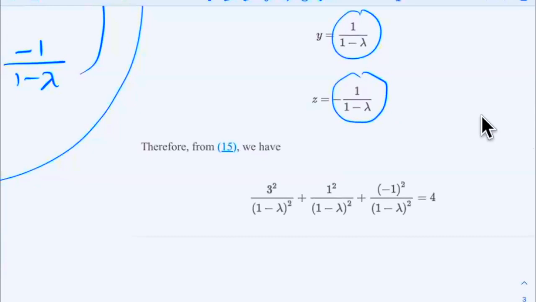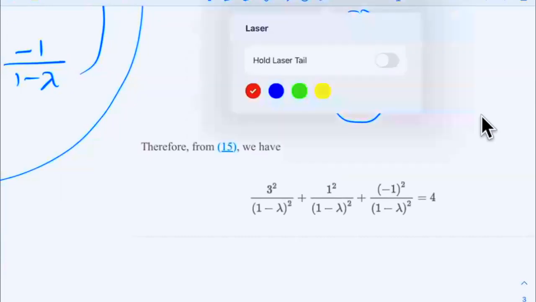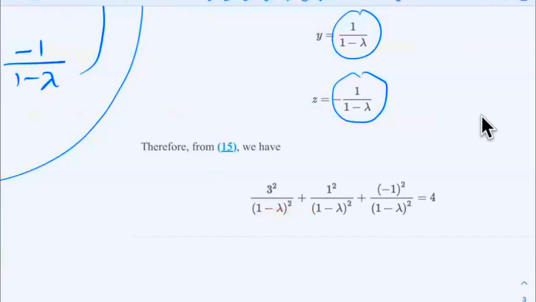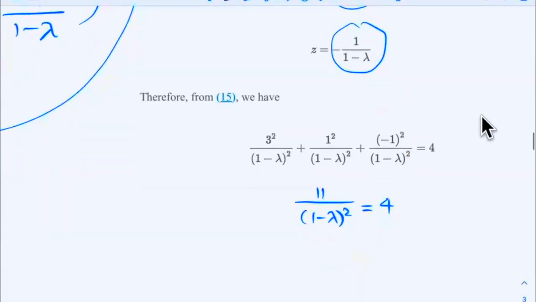Looks like all of them have the same denominator, 1 minus lambda squared, right? So how about we multiply both sides by 1 minus lambda squared? Then we're going to get 9 plus 1 plus 1, that will be 11, right? So 11 over 1 minus lambda squared equals 4. So 1 minus lambda squared is going to be 11 over 4.